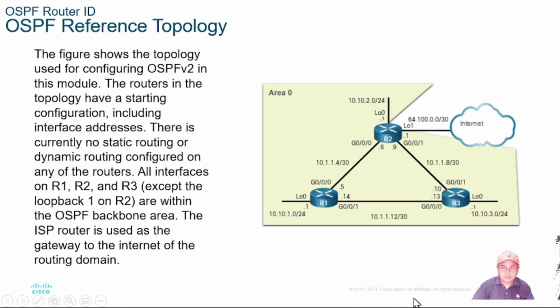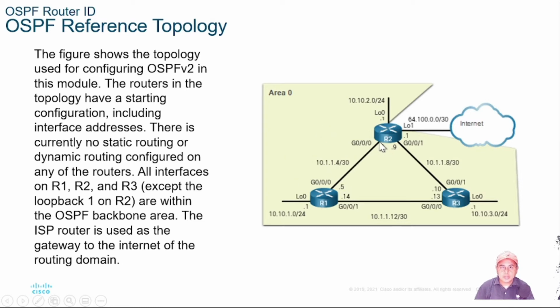So before we move on to the discussion of the OSPF router ID, I'm going to build this OSPF reference topology using Packet Tracer so that we can use this as a reference for our discussion. So if you notice, we have 3 routers. This is a single area under the area 0. So we'll be discussing later on what's the meaning of area 0 in a single OSPF point-to-point network.